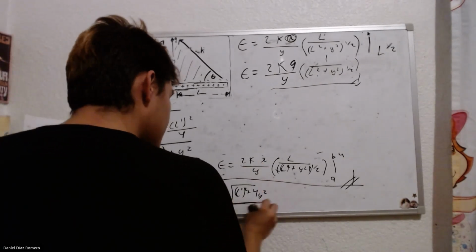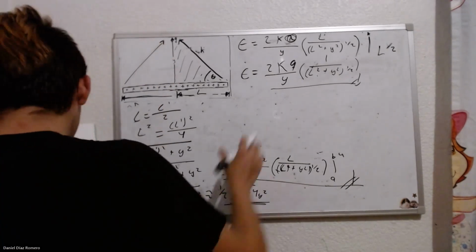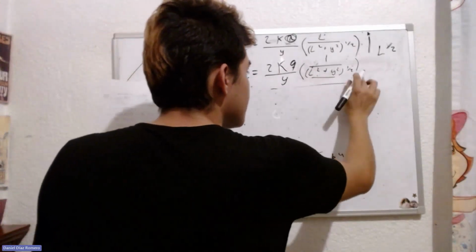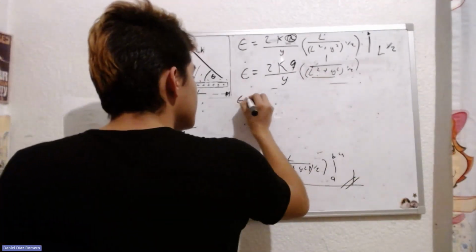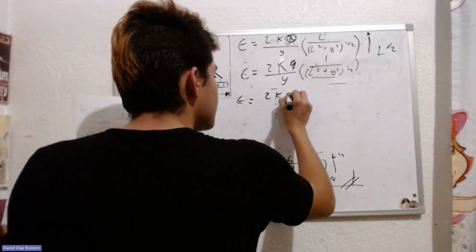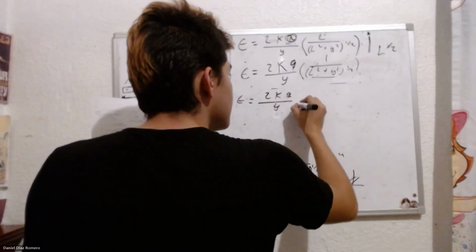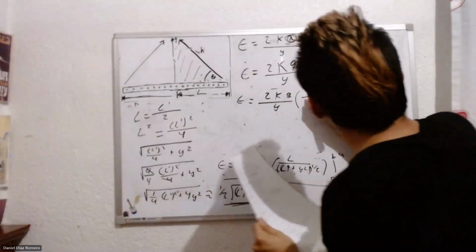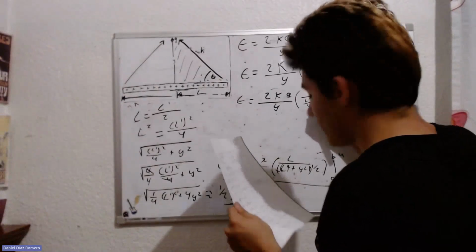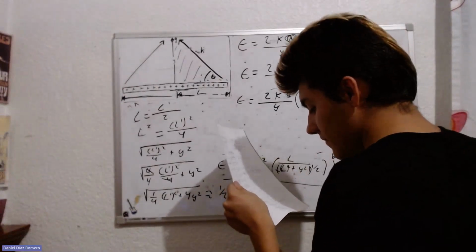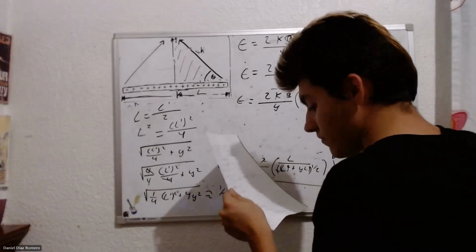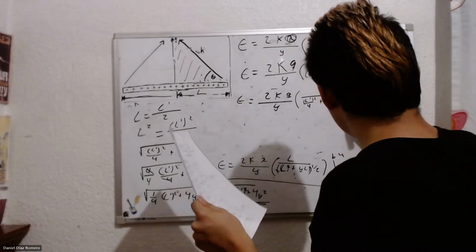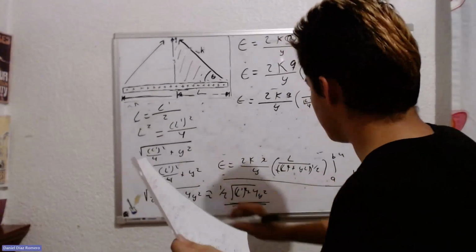Now, we have achieved this, we need to substitute it. So instead of writing this over here, we have reduced our expression. So E is equal to 2kq over y of 1 over L squared over 4 plus y squared, which is the function that we have been arranging here.